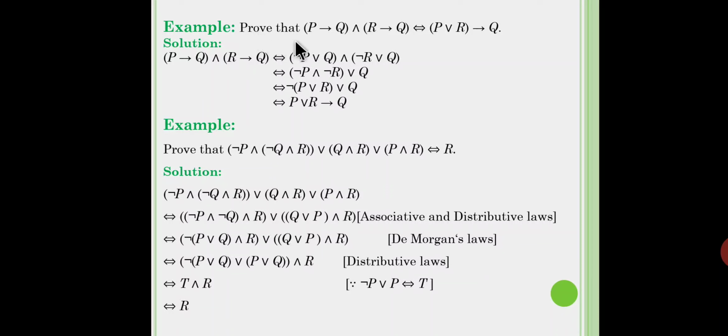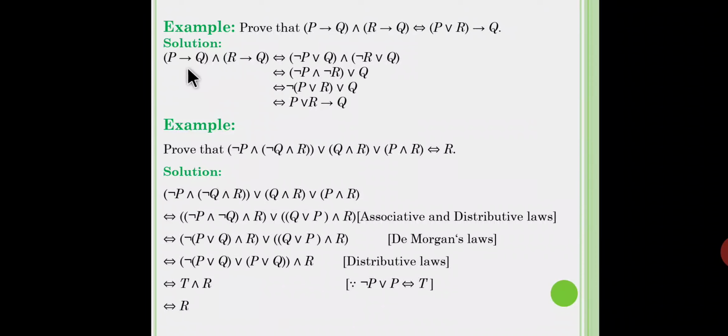Prove that (P implication Q) and (R implication Q) is equivalent to (P or R) implication Q. We consider the LHS of the given relation and have to show the RHS.